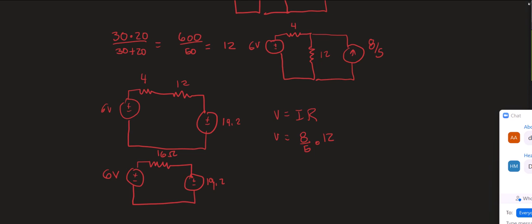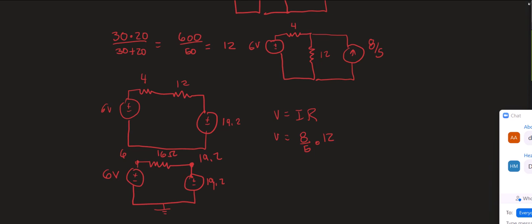What is your guess here about whether the 6-volt voltage source will be absorbing or supplying power? Well, my guess would be that it would be absorbing, because if I make ground here, then the potential here is going to be 19.2 and the potential here is going to be 6, and so the current is going to go this direction, which would be into the positive terminal of the 6-volt voltage source.